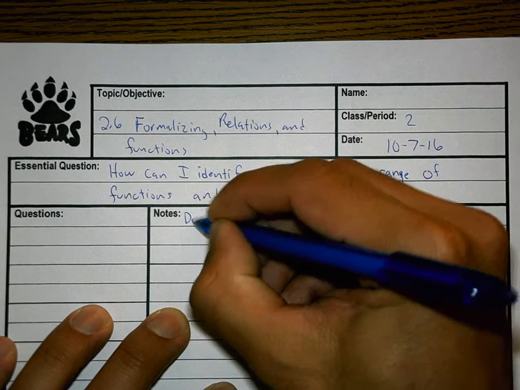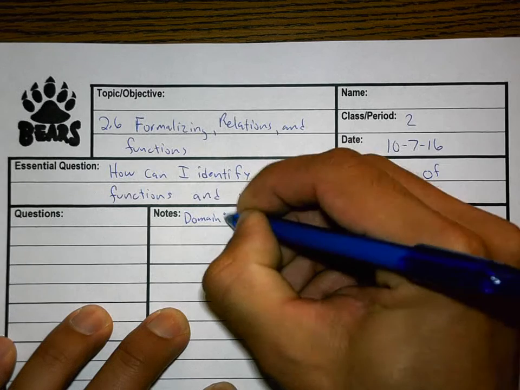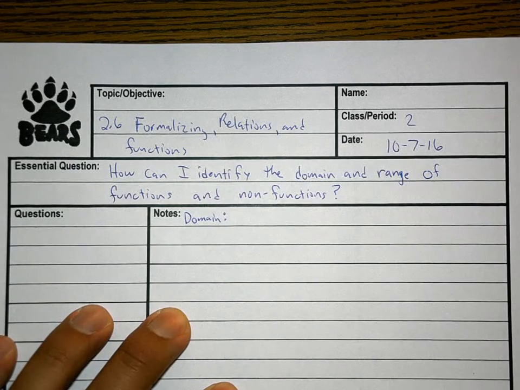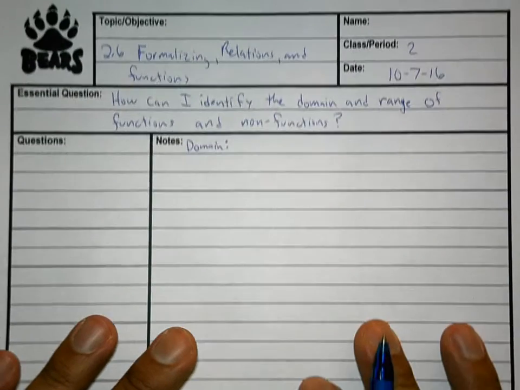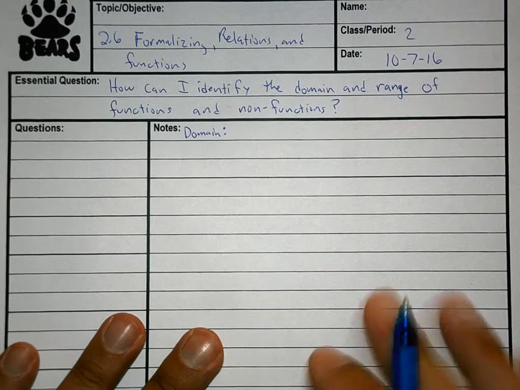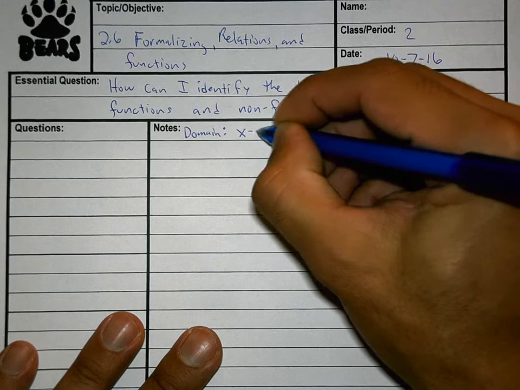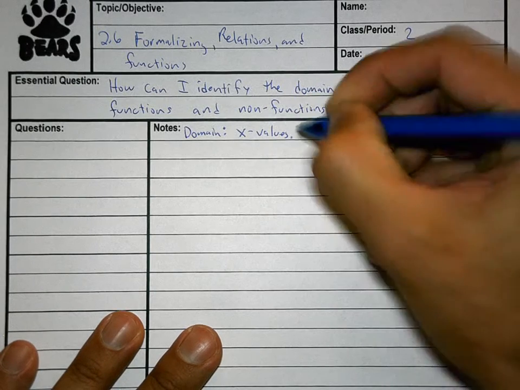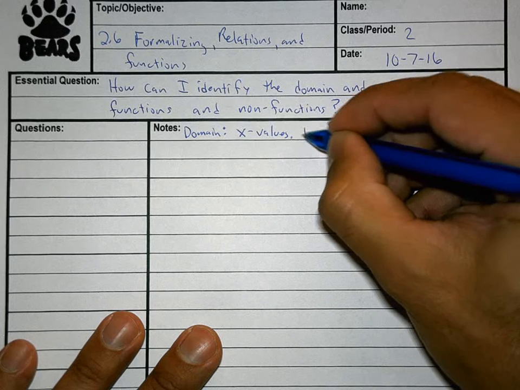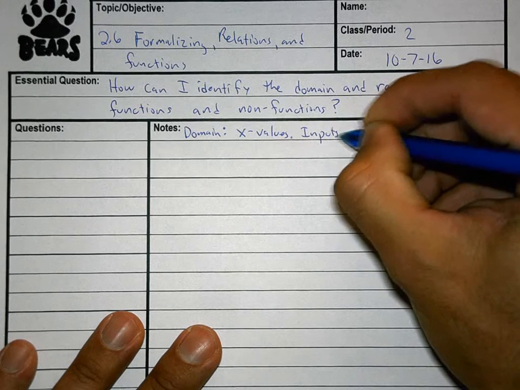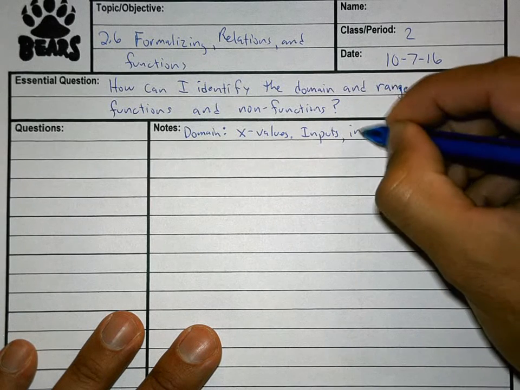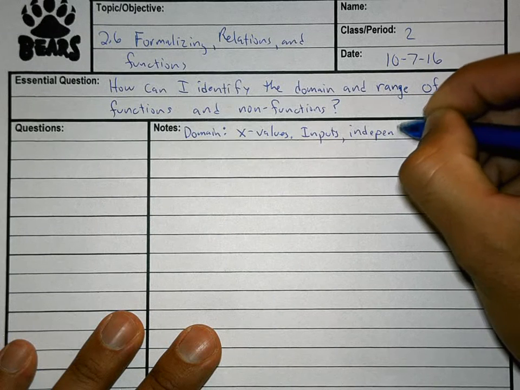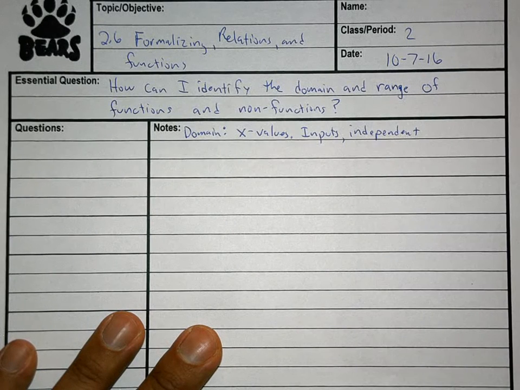First off, if you don't remember what domain is, let's write down what domain is. The domain are your x values. They're also known as your inputs. They're also known as your independent variable.